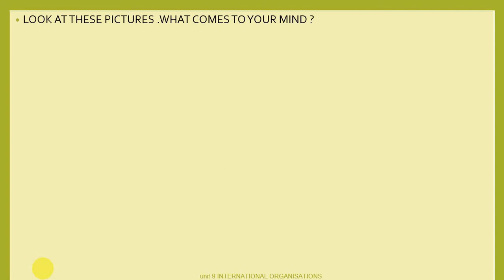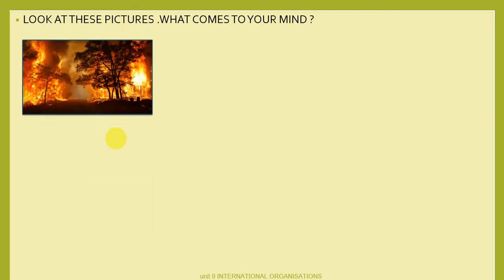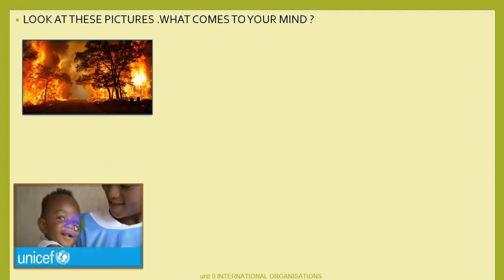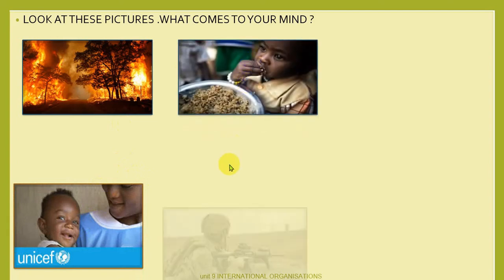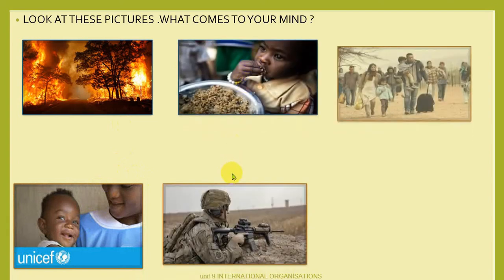The first thing you are going to do today is you will look at some pictures and you will brainstorm ideas. What comes to your mind? Generate vocabulary. What comes to your mind when you see this picture? For example, who are the people that can help in this case? Which organization can help in this case? Okay, the next picture, and this one. So take your time.